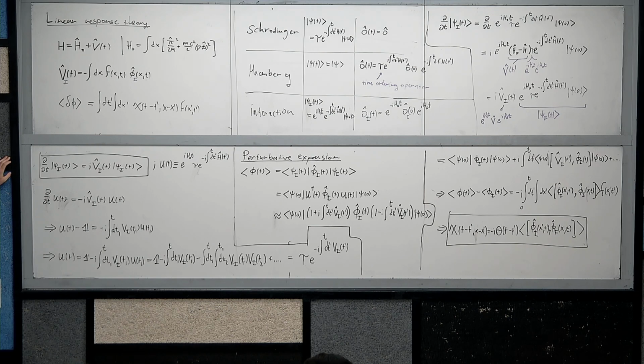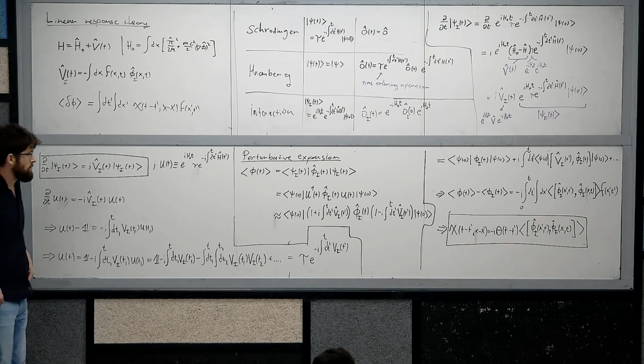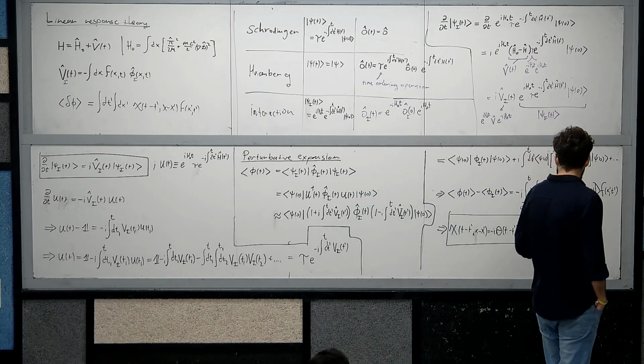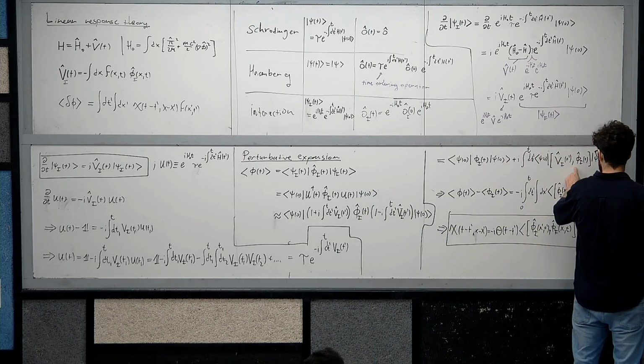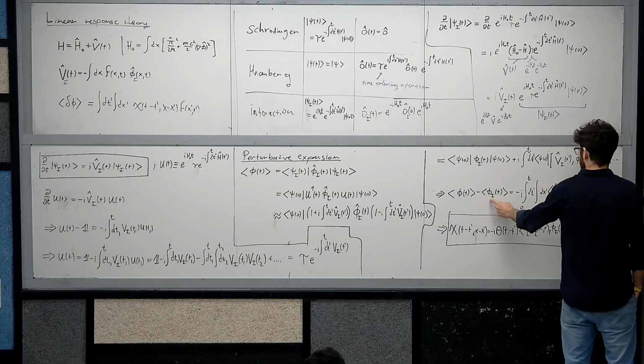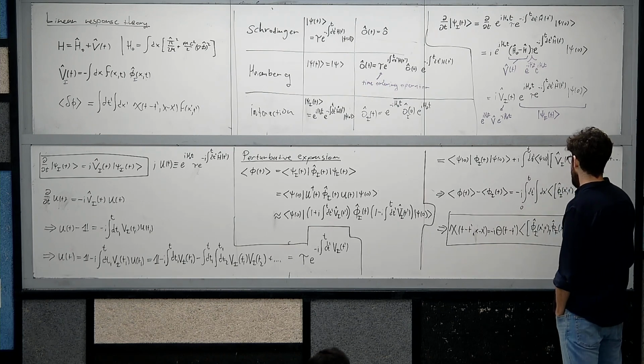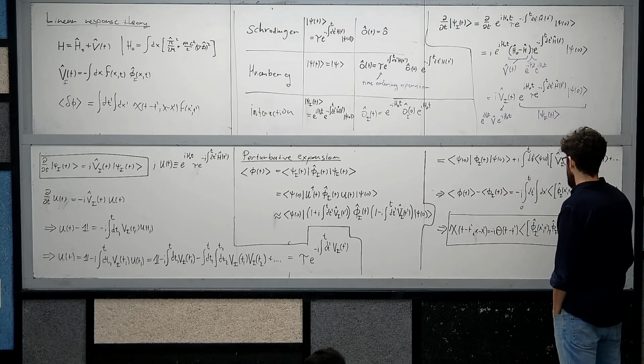You have the average of phi in the interaction picture, right there. In the middle equation, you have the average of phi, and then minus the average of phi in the interaction picture.